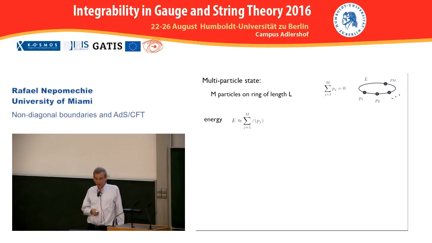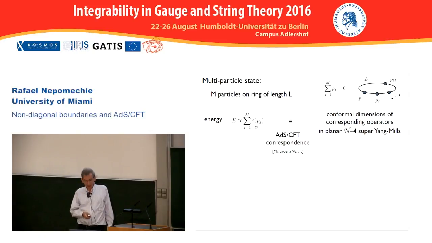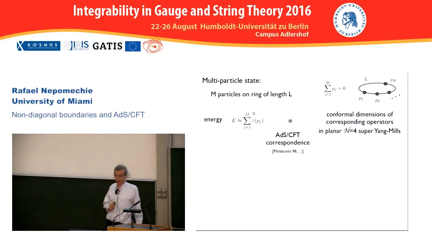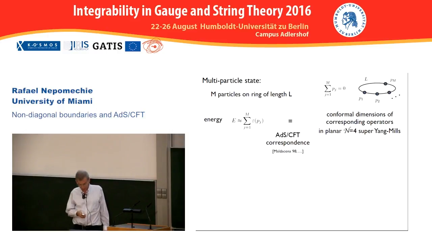So if you want to know the energy, you need to know their momenta. And as I said before, by AdS-CFT, this energy will be equal to the conformal dimensions of corresponding operators in the planar N=4 super Yang-Mills theory, whose coupling constant is related to this coupling g in this way.